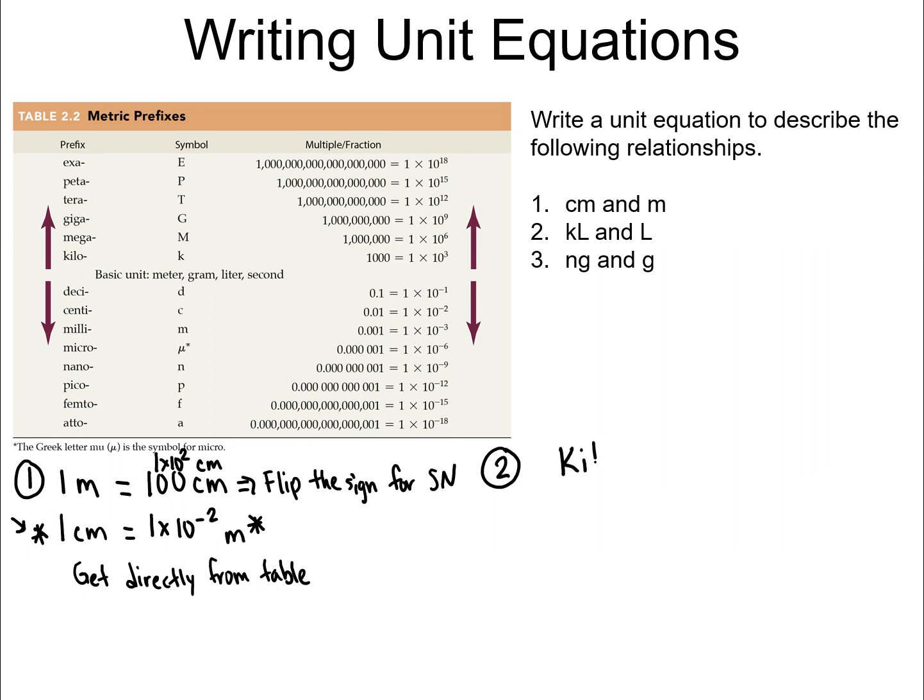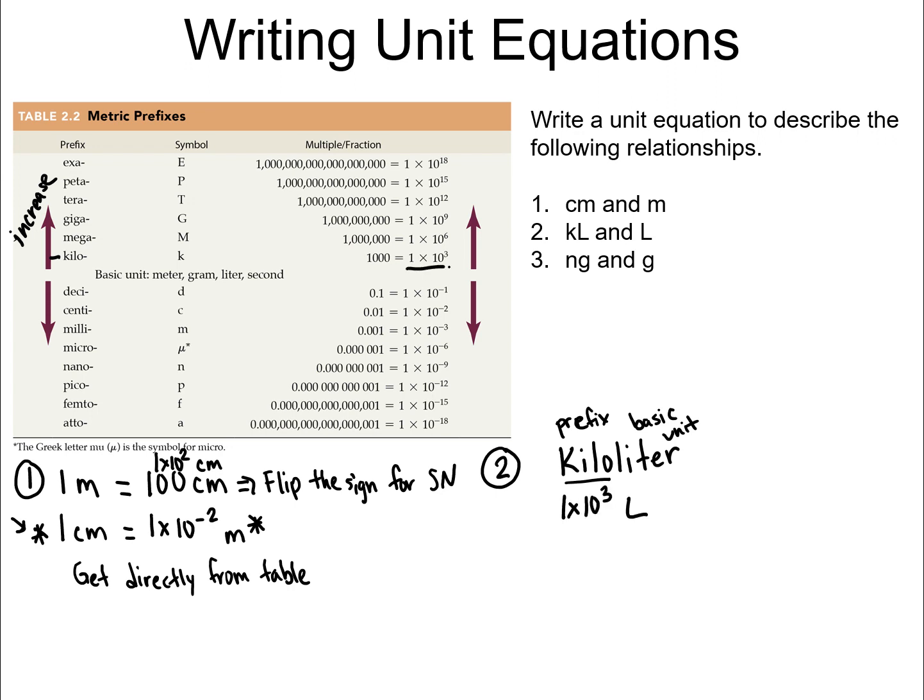If I write out the word kiloliter, it's made of 2 parts. We've got the prefix, and then we've got the basic unit. The prefix tells us the multiplier. For kilo, it increases. So instead of just a liter, we've got 1 times 10 to the 3rd liters.